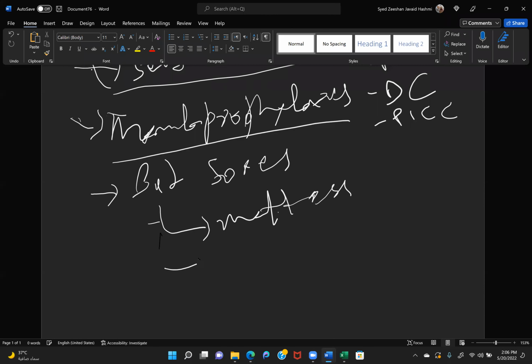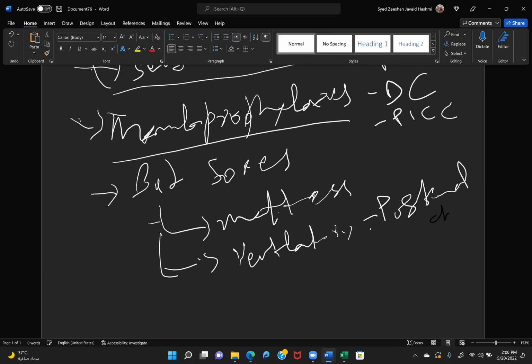Not only related to bed sores, also related to ventilatory management, there are positional changes, like in the form of intermittent prone positioning.